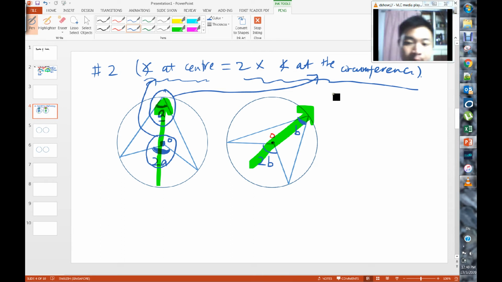So this is the way to identify the angle at the center, and then you can identify the angle at the circumference, and therefore make use of rule number 2, which is that the angle at the center is 2 times the angle at the circumference.